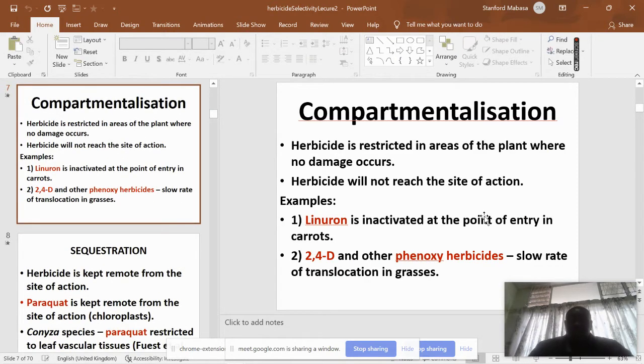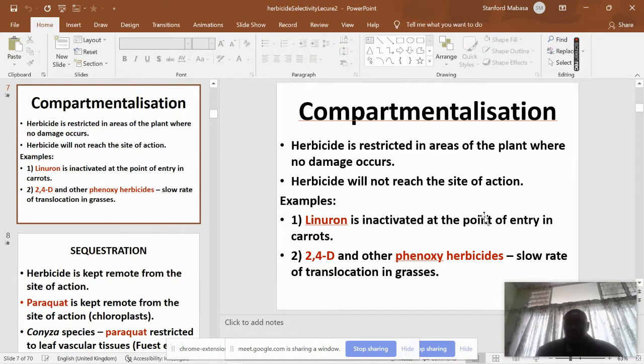Now, during the movement of the herbicides, there's also what we call compartmentalization. Herbicides are restricted in areas of the plant where no damage occurs. So the herbicide is stopped somewhere when it is moving. Once it is stopped, it won't reach the site of action where it can cause damage.